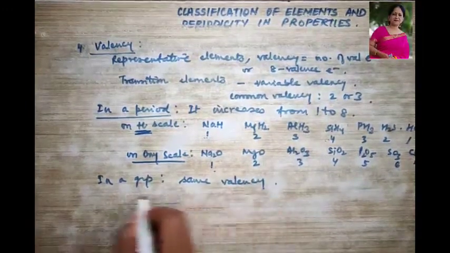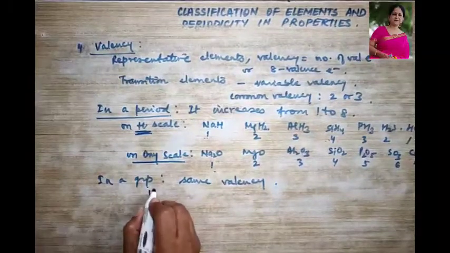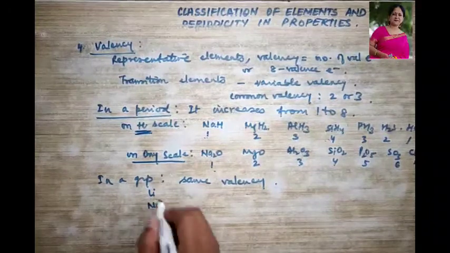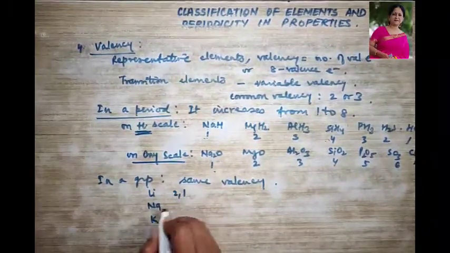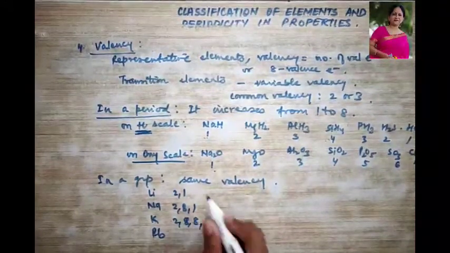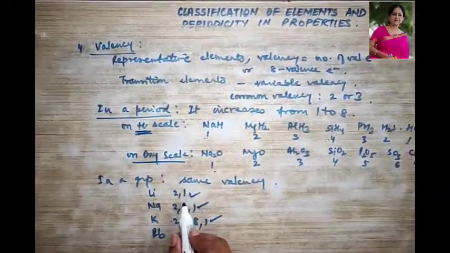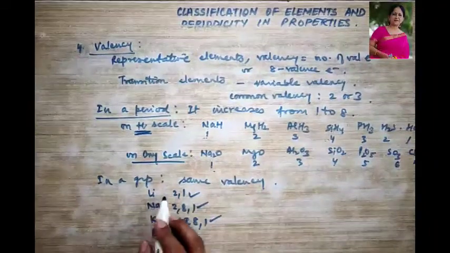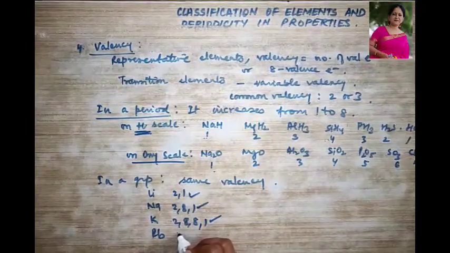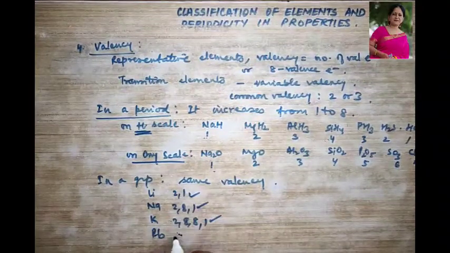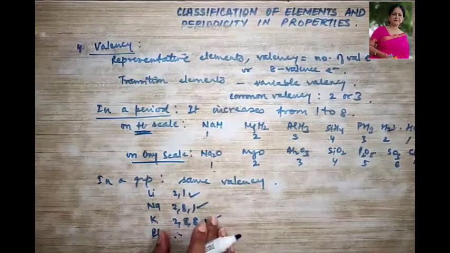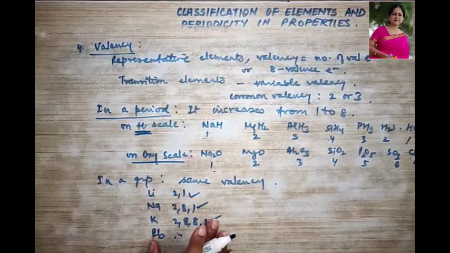If you remember the first group, lithium, sodium, potassium, rubidium: this is 2-1, this is 2-8-1, 2-8-8-1. So what are we seeing? They all are going to lose one electron to become stable. So what is their valency? It will be +1. Therefore, all the elements in a particular group have the same valency. Clear? I hope till here it is very clear.